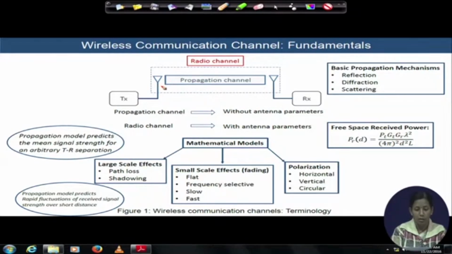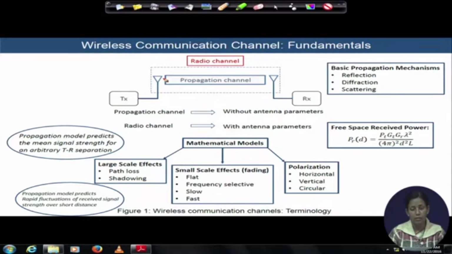But a radio channel incorporates the propagation channel, I mean the air that you see, and also includes the antenna and the antenna parameters, as well as a little bit of the backup circuit of this antenna, the circuit that helps to release the electromagnetic wave. And so this is the radio channel.